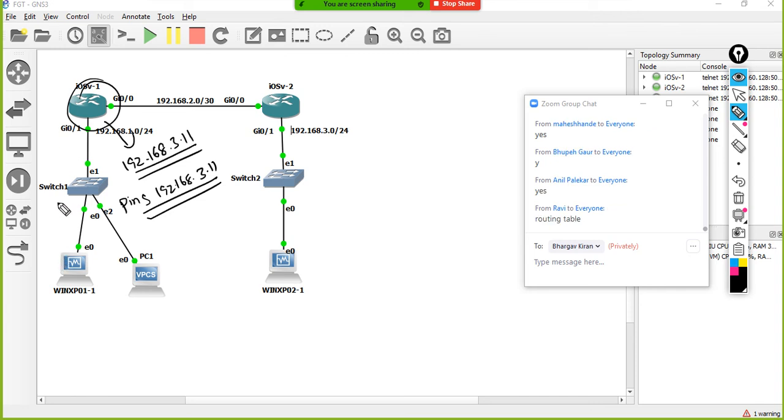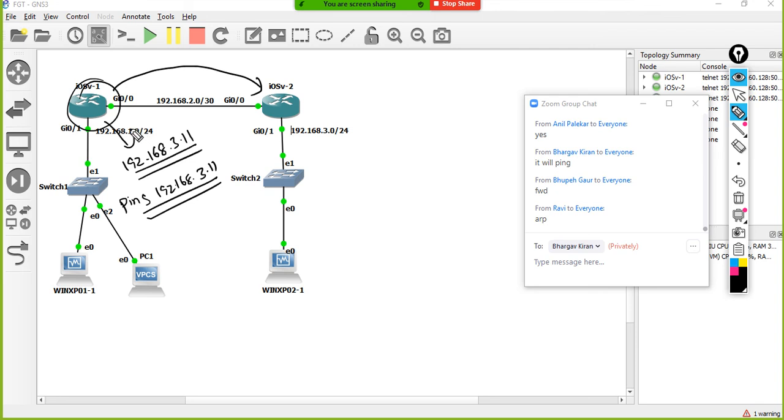It will check the routing table. Do we have a route? So what will it do? It will forward there.